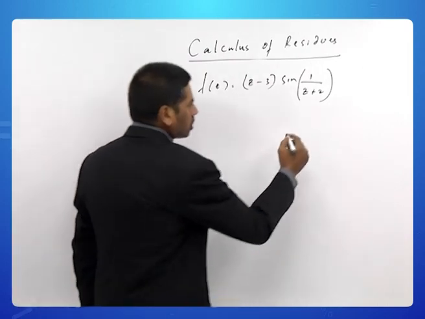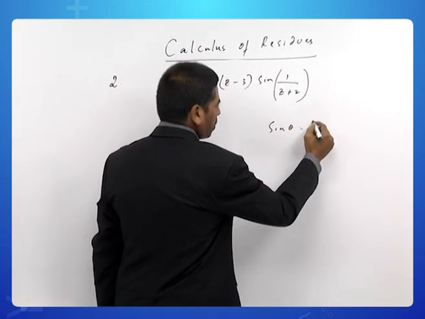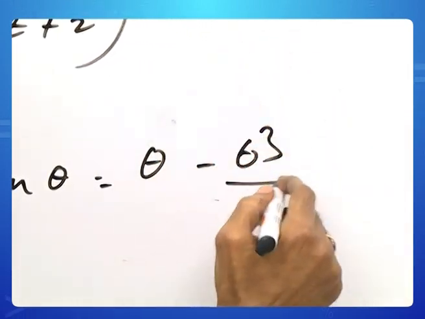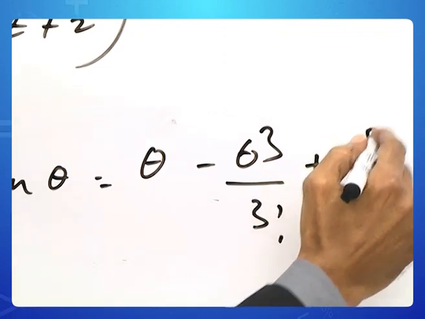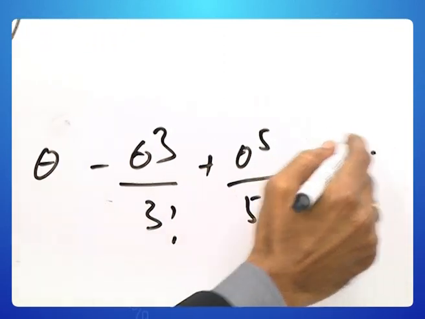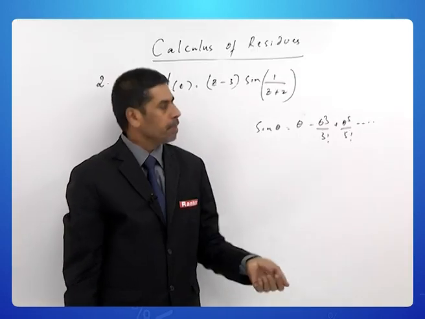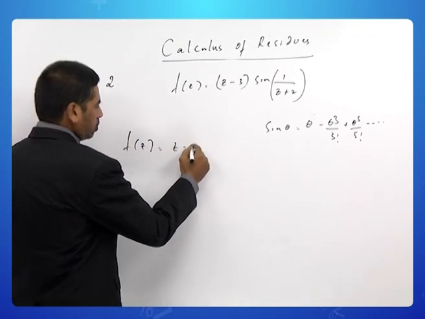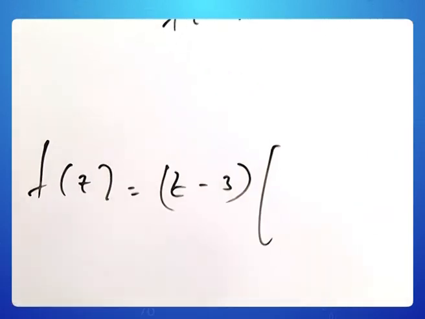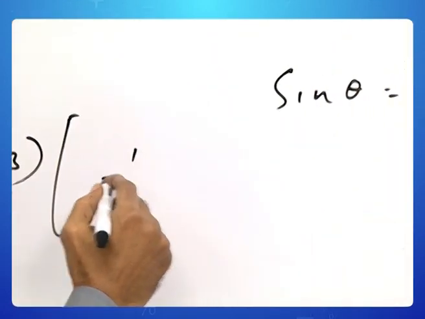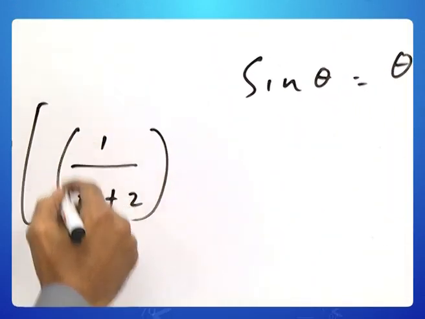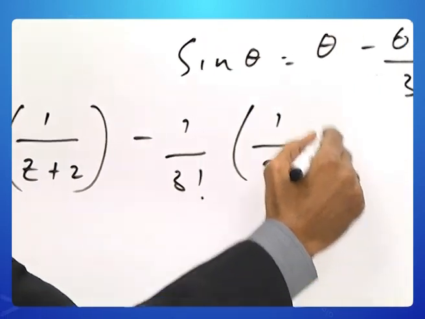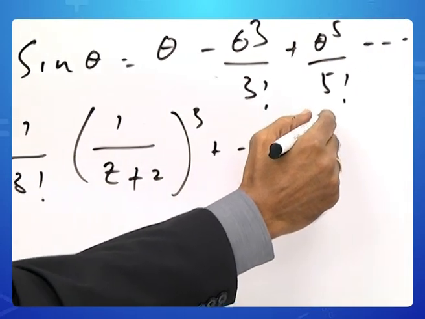So let me first expand sine of 1 by (z plus 2). All of us know sine theta can be expanded as theta minus theta cube by 3 factorial plus theta power 5 by 5 factorial and so on. Accordingly, let's expand the function given to us. f of z is equal to (z minus 3) into, theta is 1 by (z plus 2), so 1 by (z plus 2) minus 1 by 3 factorial, 1 by (z plus 2) whole cube and so on.